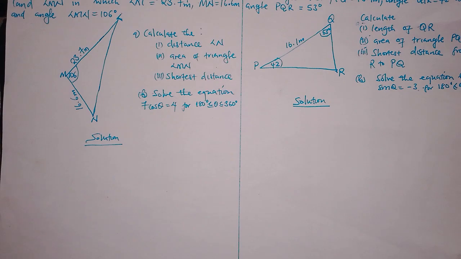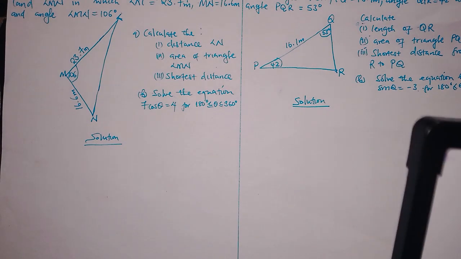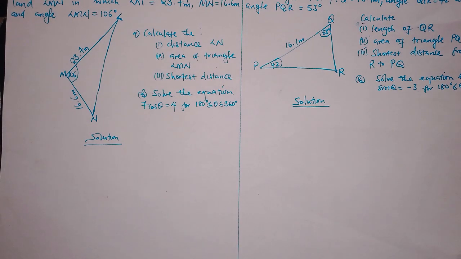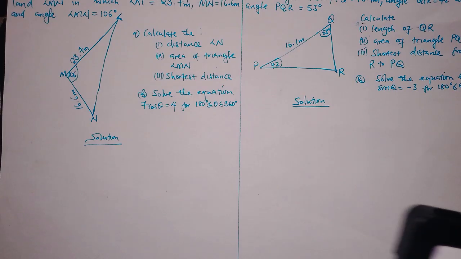There are two triangles which basically come up in trigonometry. One is the triangle in paper 1, which is a right angled triangle. Then the other triangle is known as a scalene triangle. So what is a scalene triangle?